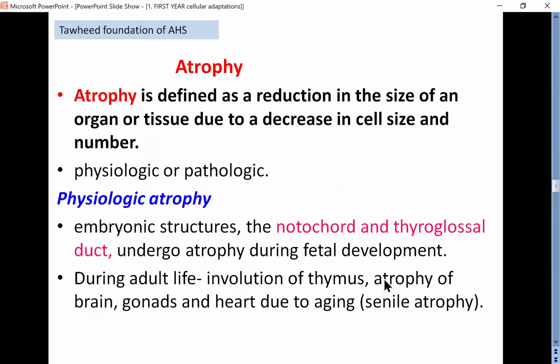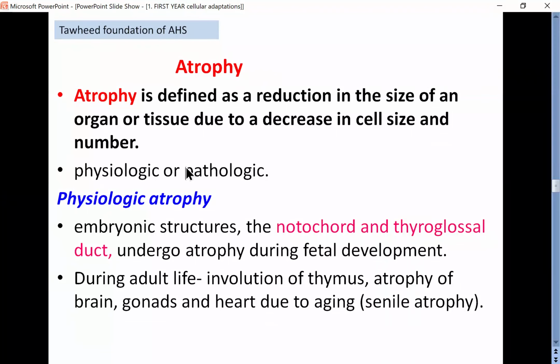The next portion is atrophy. Atrophy means reduction in the size of the organ or tissue due to a decrease in the cell number or size. It also can be physiological or pathological. Physiological atrophy we usually see in embryonic life.